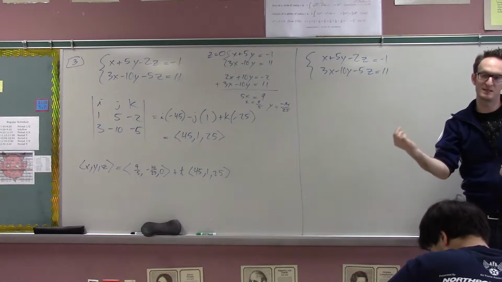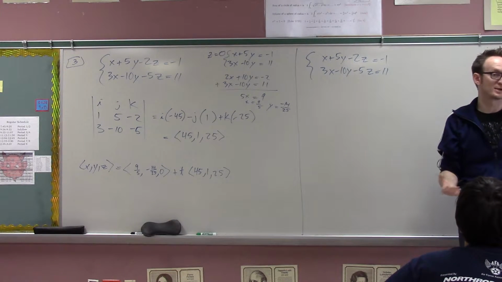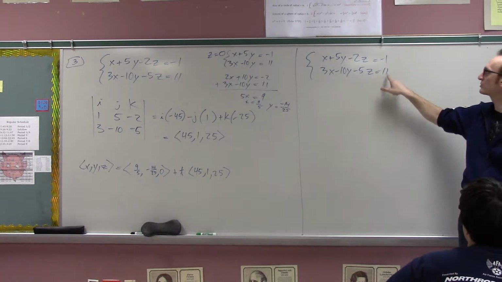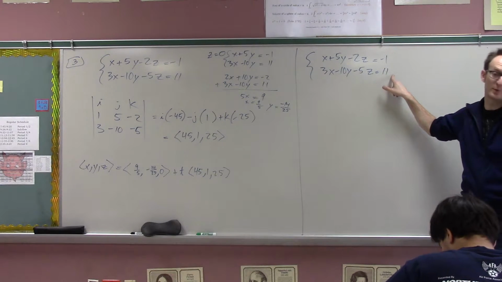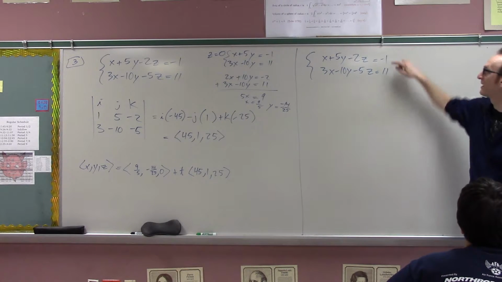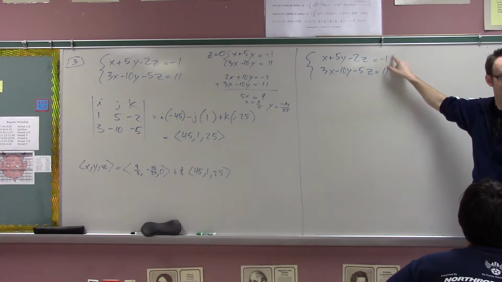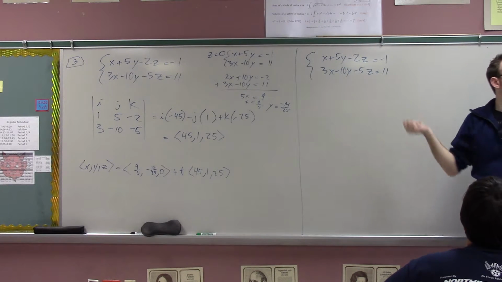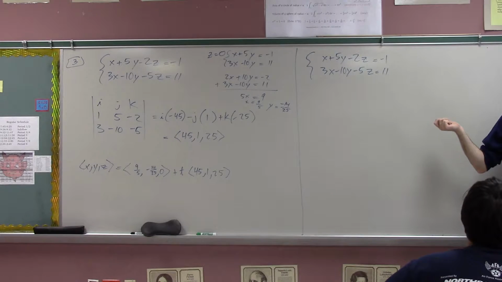What I want is the line of intersection. In other words, I want all the points which are on this plane and also on this plane. So I'm looking for all ordered triples which make this equation true and also make this equation true. I'm just looking for all the solutions to the system.